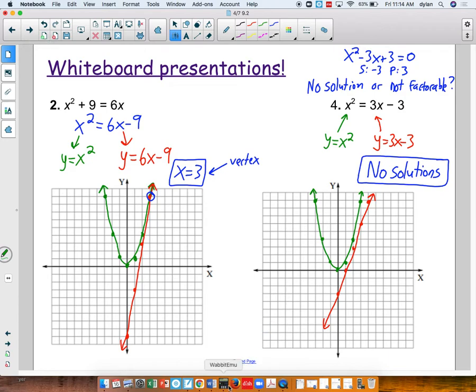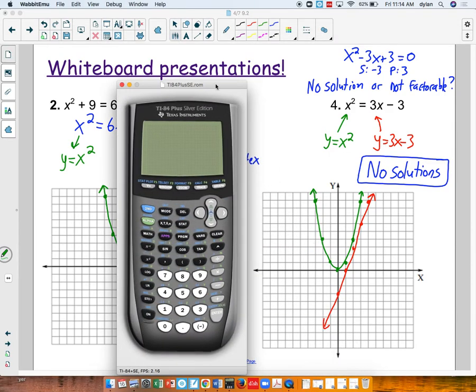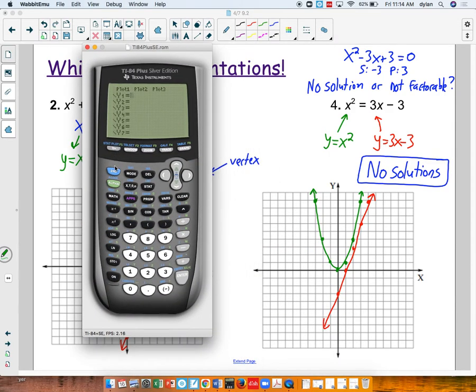I want to graph each of these so you can see how these look. So if we were to graph y equals x squared minus 3x plus 3, in other words, I'm graphing this one set equal to 0. If I graph this, you can see right away why it has no solutions.